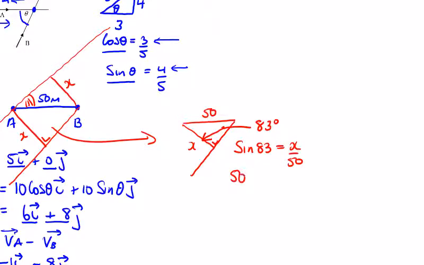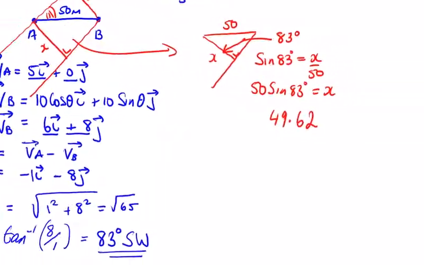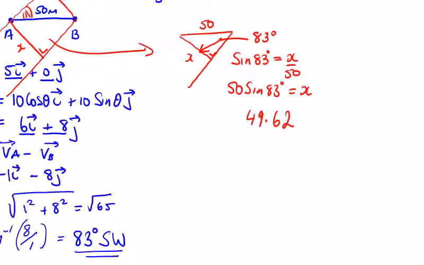And if you've practiced a lot of these questions, you'll see that they always work out like this. 50 by the sine of 83 degrees is giving me 49.62. And I don't know if I rounded off too early in this question. They don't give any indication of rounding, so 49.62, and we're dealing in meters in this question.